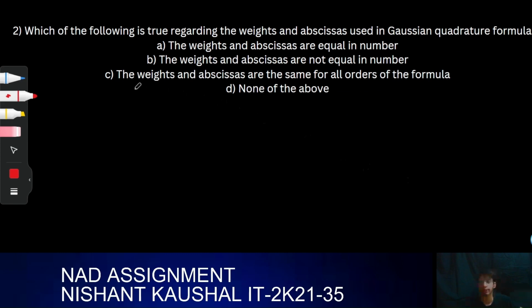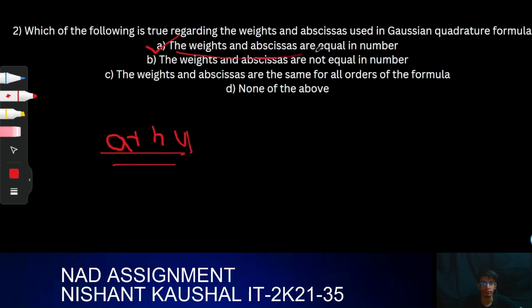Now let us see the second question. Which of the following is true regarding the weights and abscissas used in Gaussian quadrature formula? The weights and abscissas are equal in number. Yes, this is true, because in a Gaussian quadrature formula we divide it in terms of a plus hu, right? So each and every term gets this number.